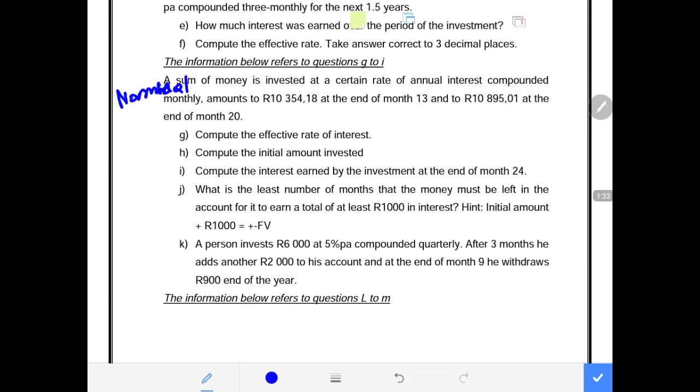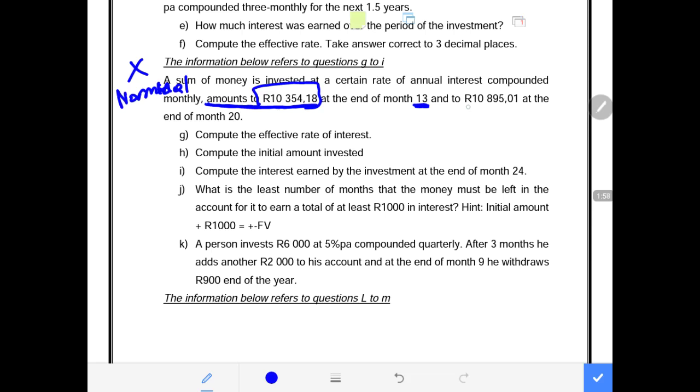But we are told that it amounts to 10,000. We don't know the amount that was invested. It is X. But we know that such amount of money amounts to 10,354.18 at the end of month 13. So the amount of money which we don't know was invested for 13 months and amounted to 10,354 rand and 18 cents.